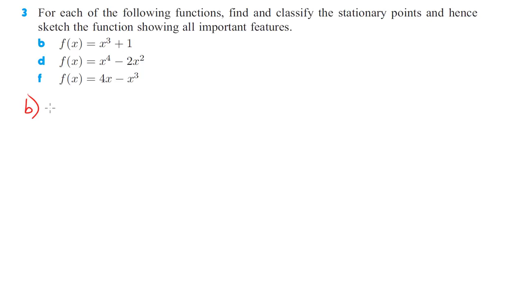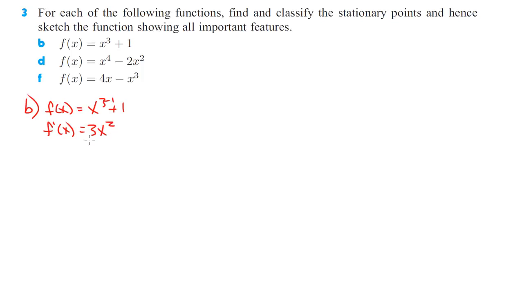So b is f of x equals x cubed plus 1. So the derivative of that, 3 times 1 is 3x. Subtract 1, and we get x squared. So there's our derivative, right? And then it says find and classify the stationary points, and then sketch the function showing all important features.